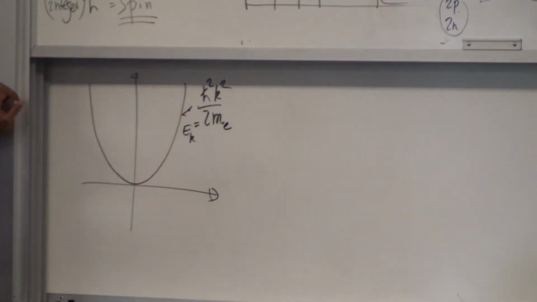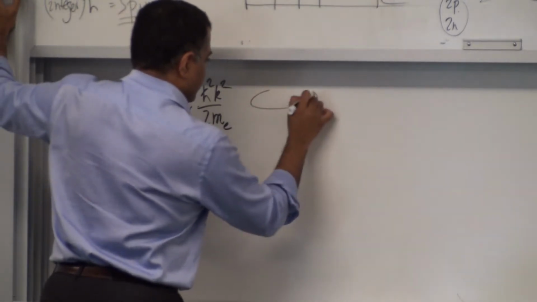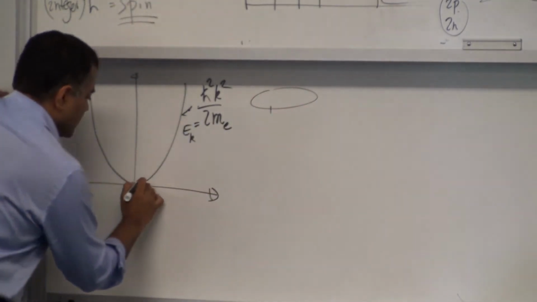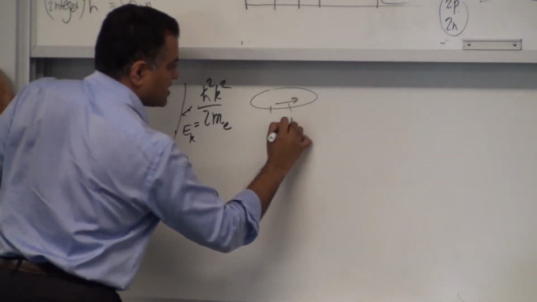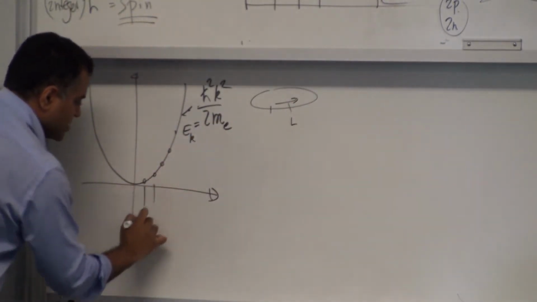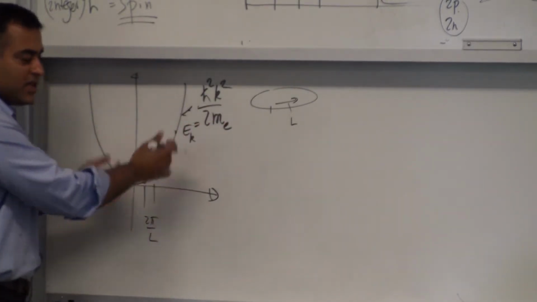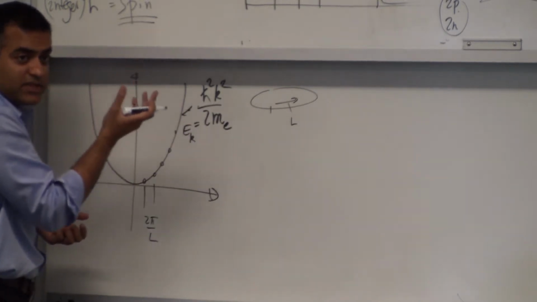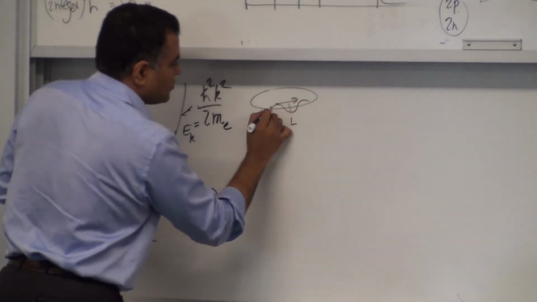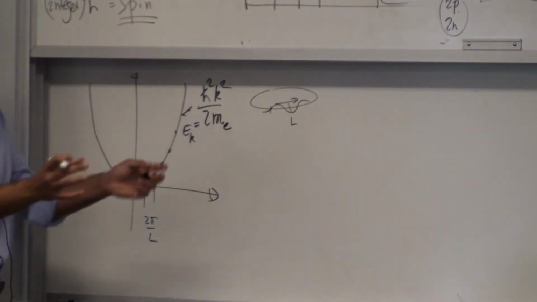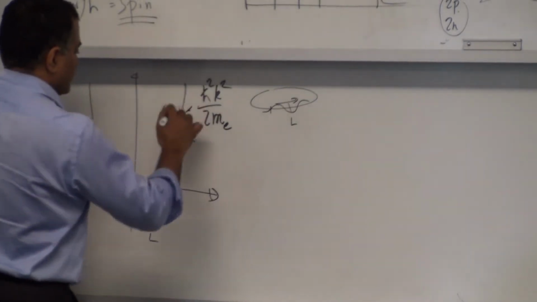Now, if it's not completely free, if you place it in a ring, for example, of length L, then we know that k will become discrete, with separation 2 pi over L. The expression for the energy still stays the same. It's just that the k's become discrete because you have to satisfy the wave fitting into that little circumference. But it still goes to very large values.